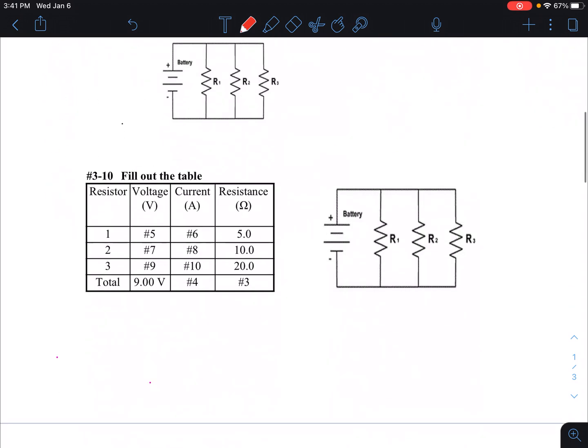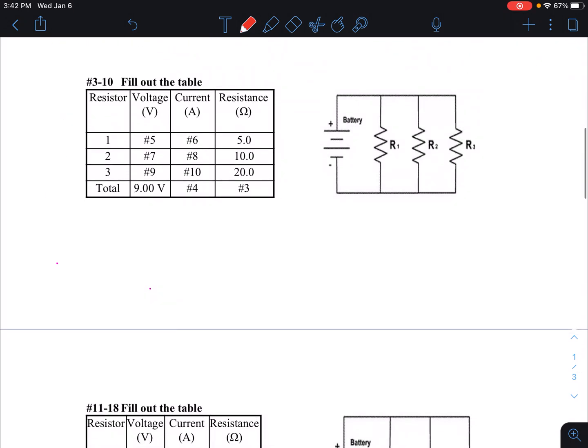Same way. And then we have another table like we did in worksheet number 2. We have the same thing in worksheet number 3, where we're given the resistance at each position. Here we have position 1, position 2, position 3. These are just resistors that are put in a parallel circuit. And then we have our battery here, which is going to provide all of our voltage.